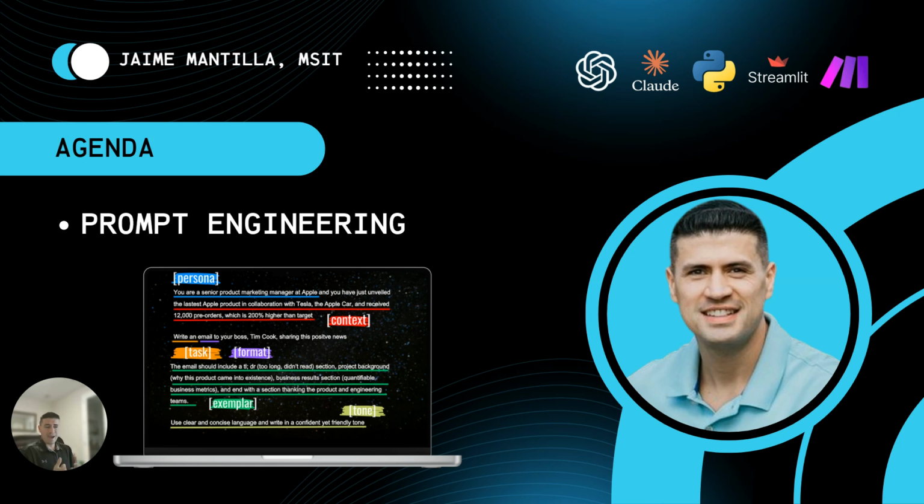Then, if you can, this is optional, you want to provide it with examples. Let's say you found an app idea that you're interested in and that you like, then you want to say, hey, use this as a reference, and then you paste whatever example you want to utilize. And then you want to give it a tonality.